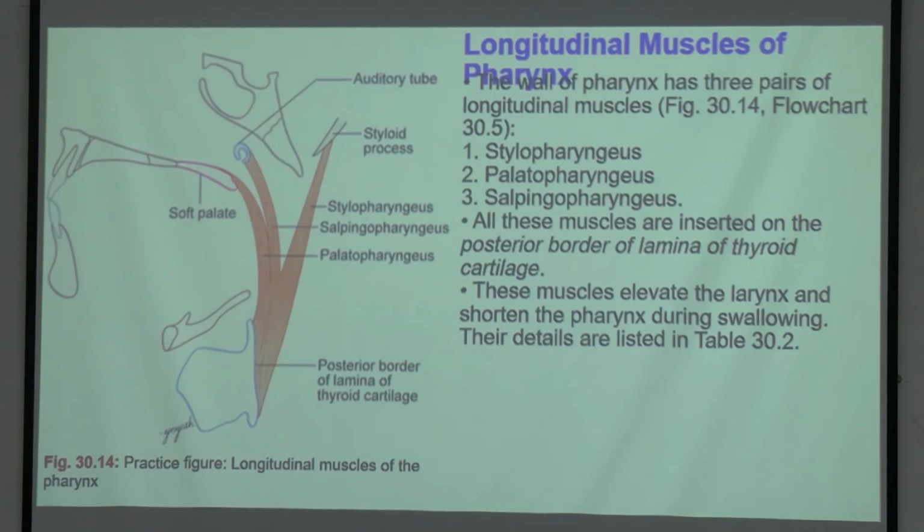Stylopharyngeus, salpingopharyngeus, palatopharyngeus. These three muscles get inserted at the posterior border of the lamina of the thyroid cartilage. So they help in propagation of the food.